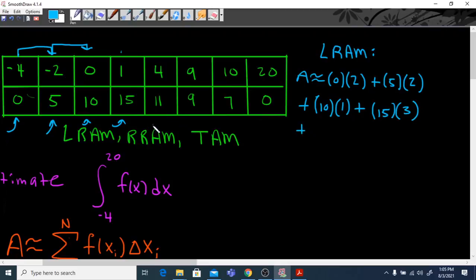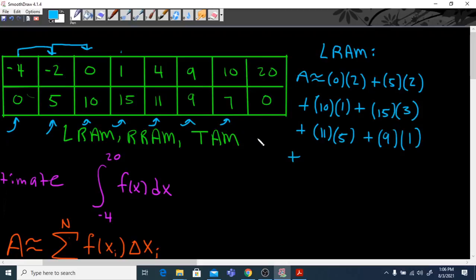Plus, the y value is 11, and the width, 4 to 9, is 5. Plus, the y value is 9, and the width, 9 to 10, is a width of 1.